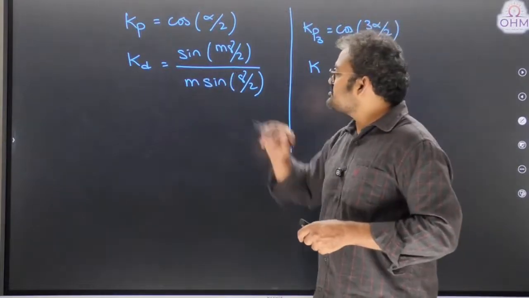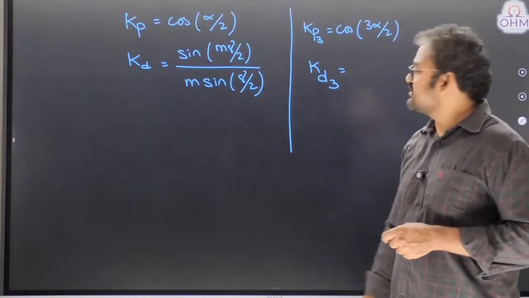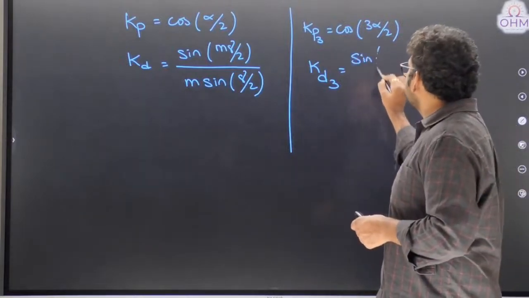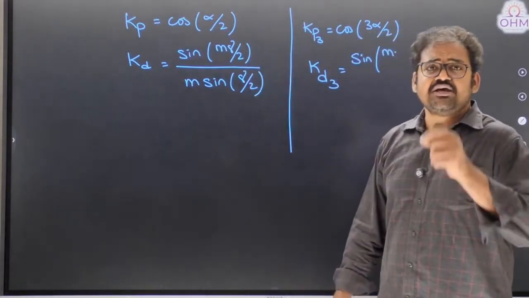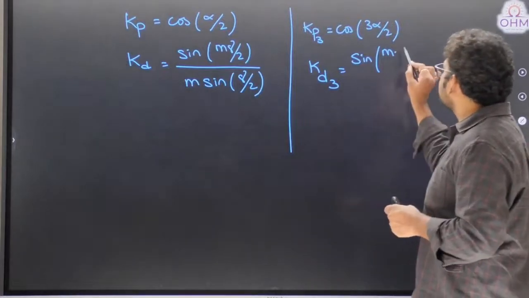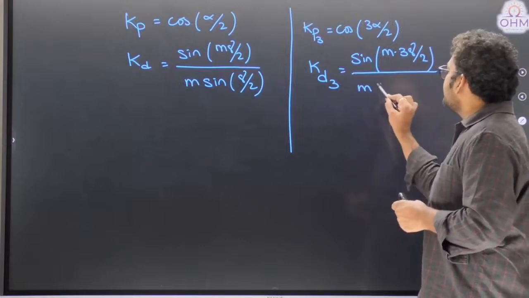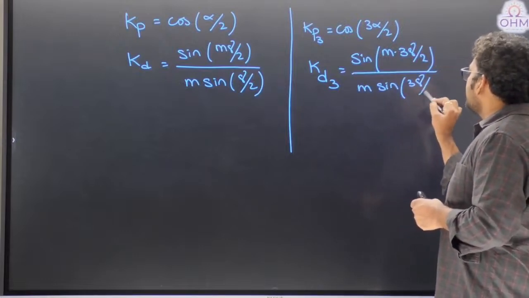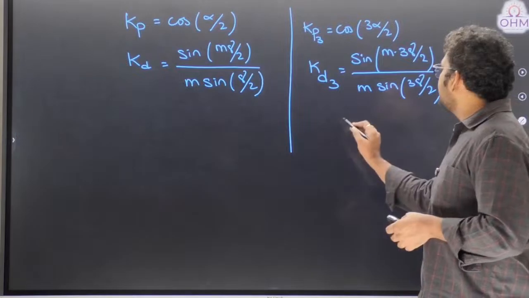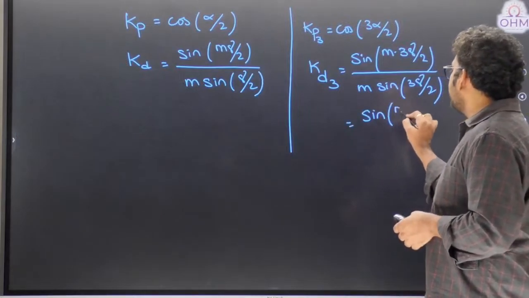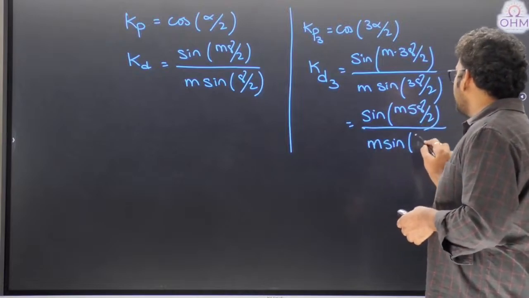At the same time, the distribution factor will also change. If I ask you to write down the third harmonic distribution factor, it will become sin(m·3γ/2) divided by m sin(3γ/2). m doesn't change, but these angles will change. If γ is the fundamental harmonic slot angle, then for the third harmonic, γ becomes 3γ. For the fifth harmonic, the distribution factor is sin(m·5γ/2) divided by m sin(5γ/2).